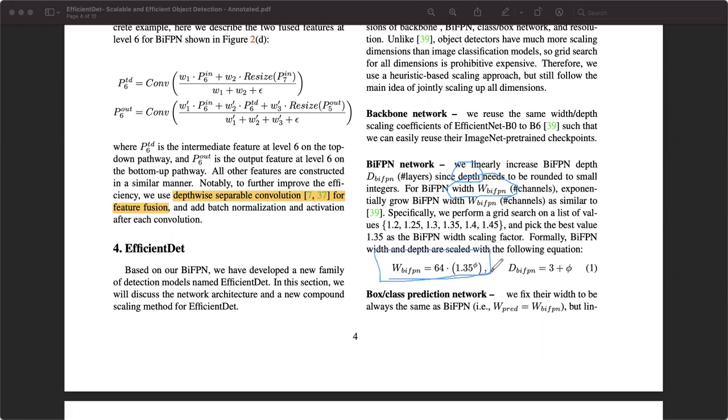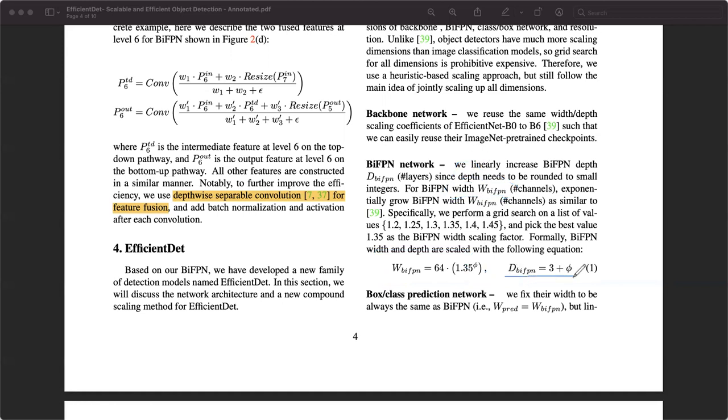For scaling width, they actually scale in an exponential way. I'm still trying to understand why. If someone can explain, that would be great.